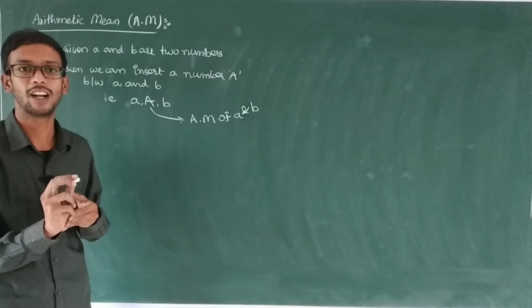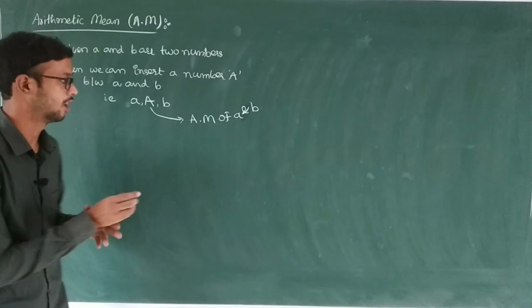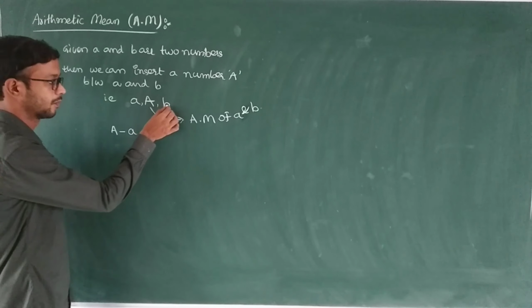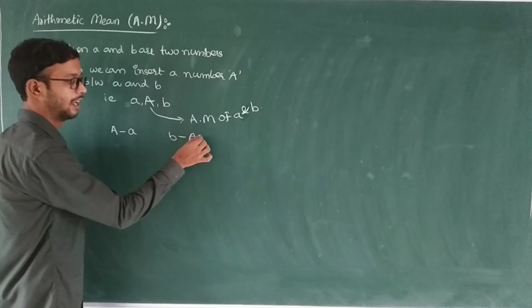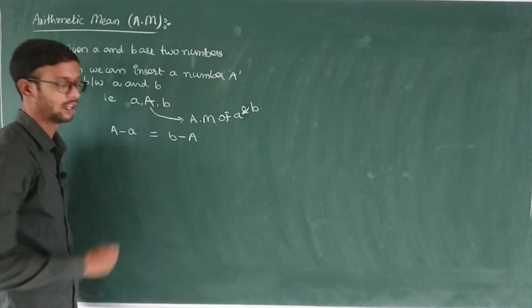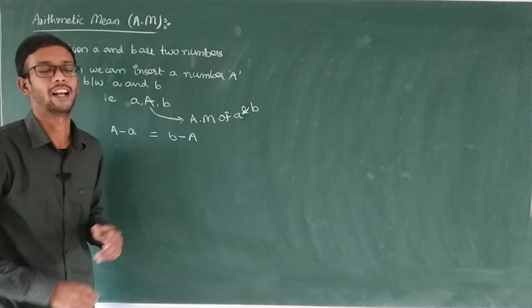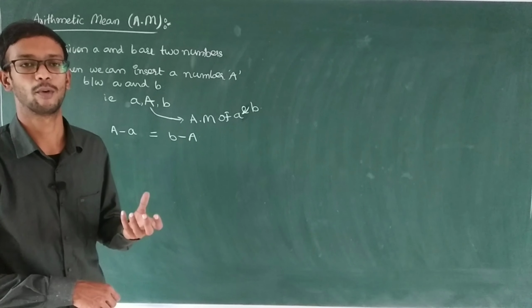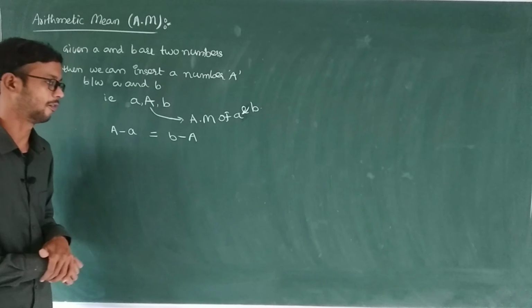In the arithmetic progression, what common difference will be there? So I take here capital A minus A, B minus capital A. Both are equal. Why? Because in an arithmetic progression the difference should be the same.